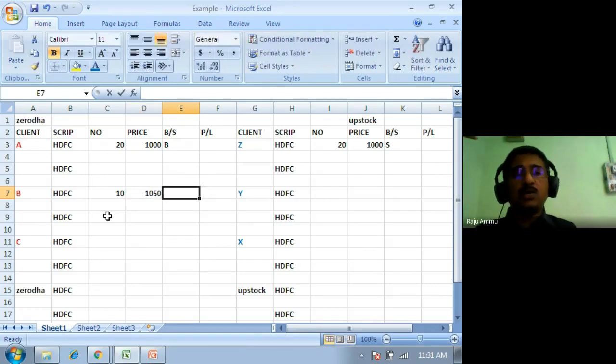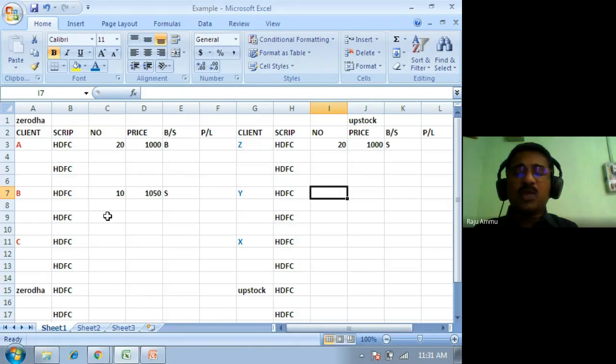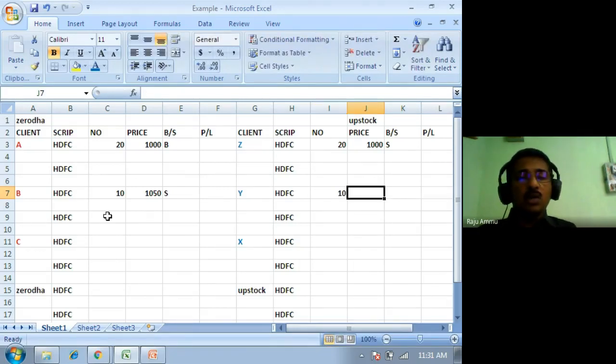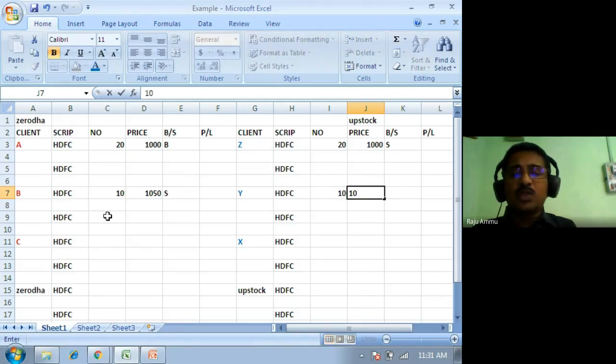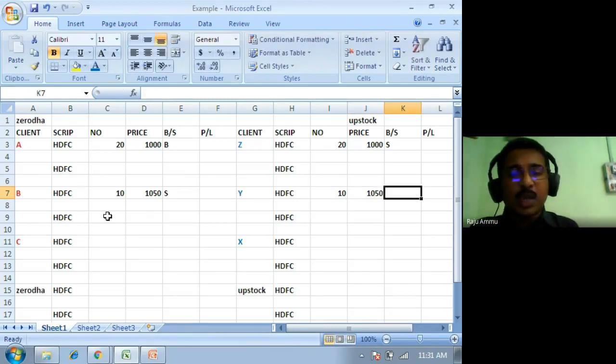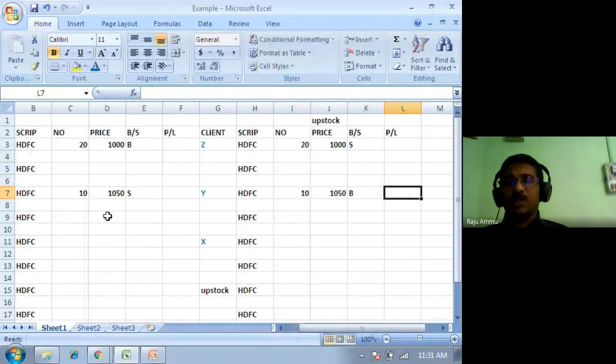Whereas there is another client at Upstock called Y, who is trading with 10 shares at the price of 1050, and he wants to buy the shares at this price.